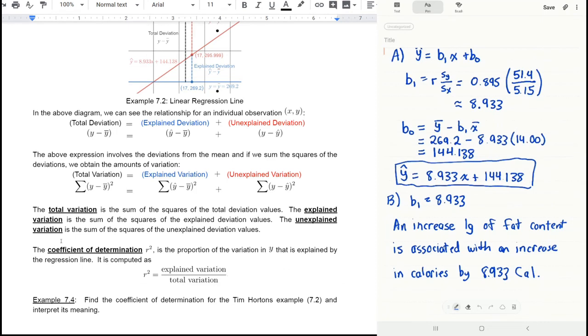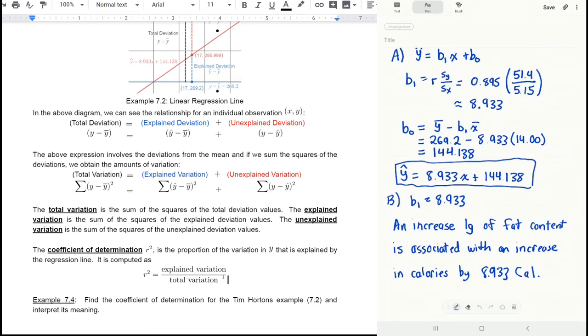So we can use these variations to define the coefficient of determination, which is denoted as r squared, and it is the proportion of the variation in y that is explained by the regression line. It is calculated as follows. We take the ratio of the explained variation over the total variation.